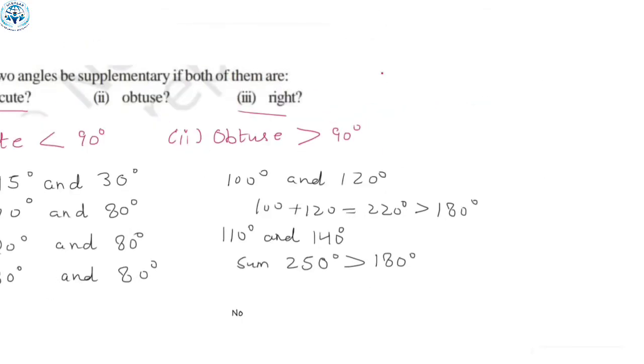Find out the third one, right angles, that means equal to 90 degree. Can two right angles be supplementary? Let's find out. We will add 90 degree and 90 degree.